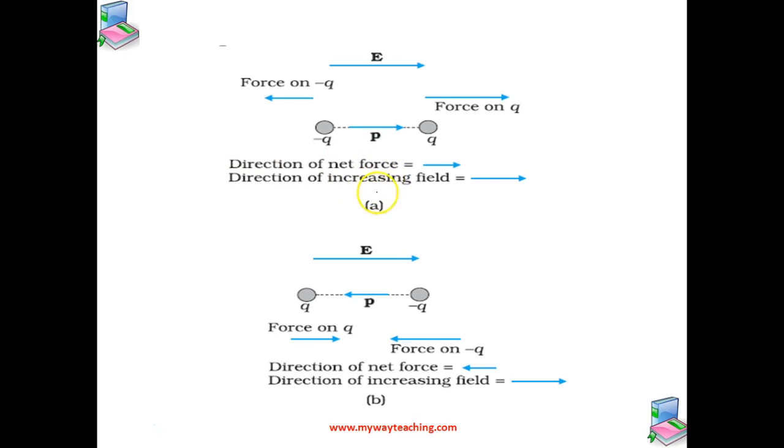When P is anti-parallel to E, then the net force on the dipole is in the direction of decreasing field. So the force depends on the orientation of P with respect to E.